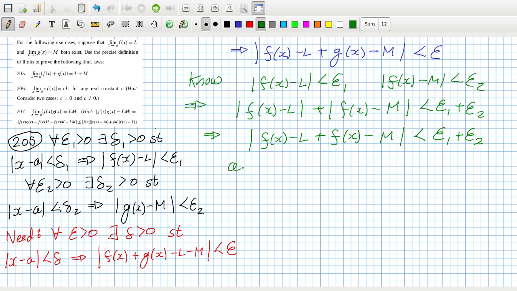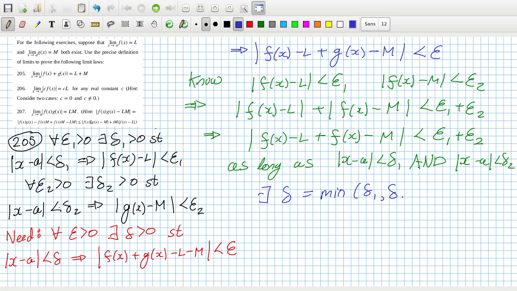But this holds as long as |x minus a| is less than delta 1 and |x minus a| is less than delta 2. So it would seem that all we have to do is say there does exist a delta, which would equal the minimum of delta 1 and delta 2.